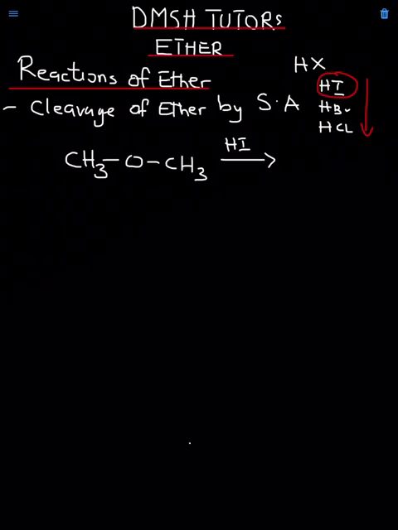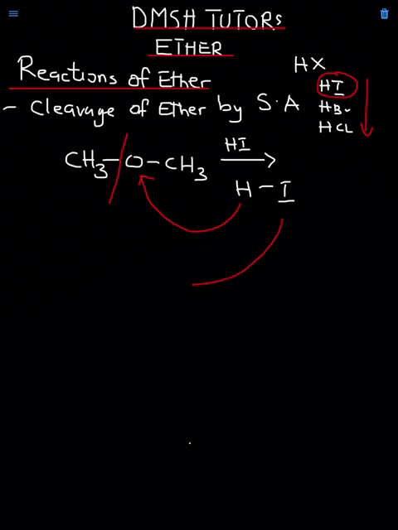What happens is that this acid will cleave this ether into two, very simply. From the acid we have hydrogen attached to iodine. The hydrogen will protonate the oxygen, and the halogen will come to the carbon here.